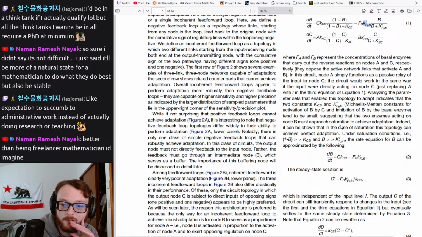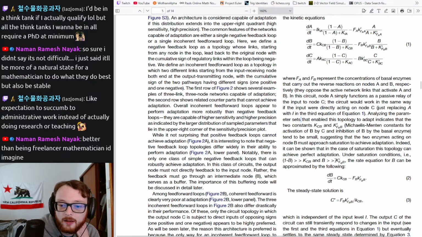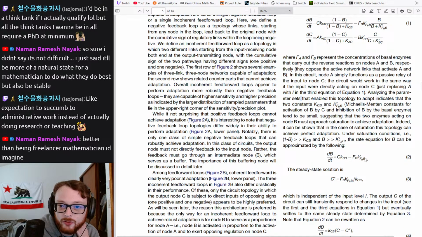B can be approximated by the following. 1 minus B. Okay, yeah, to cancel that out. And B is much... Okay, yeah. Okay, yes, okay. I understand why those will be the saturation conditions.